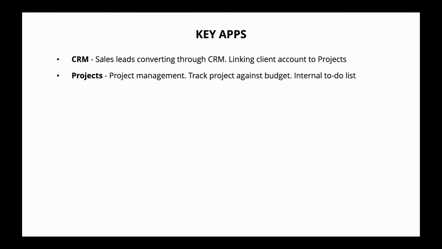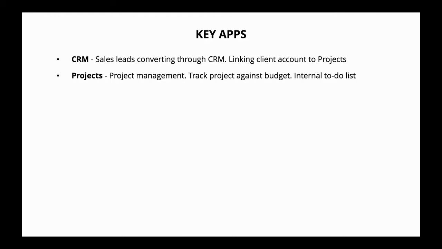They use Projects as a project management tool. Like I said before, they track the project against the budget. And they also have an internal project that acts as a to-do list. And they did say that once they get Desk working a little bit better, they plan to use that as their activity tracking internally.